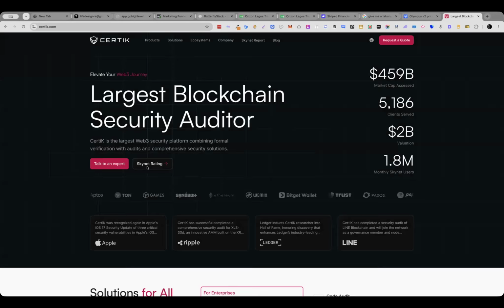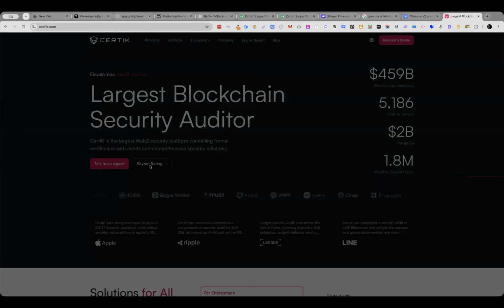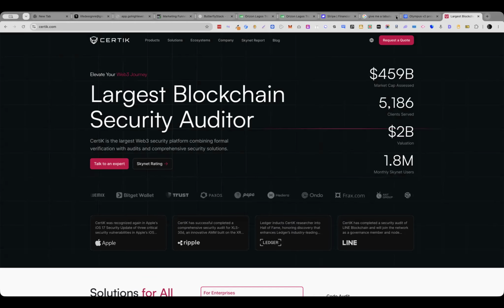Sorry about that. My computer is hanging a bit. So I'm trying to open this page. I'm trying to open Skynet rating. All right.